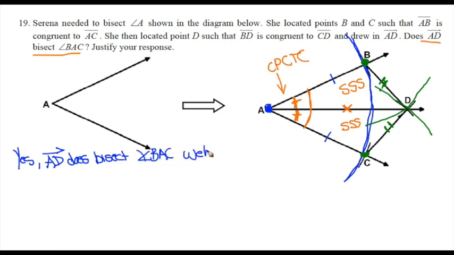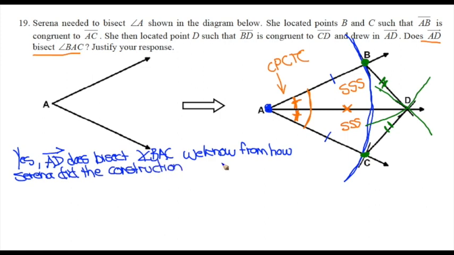We know from how Serena did the construction that AB is congruent to AC. And BD is congruent to CD, as I explained already.